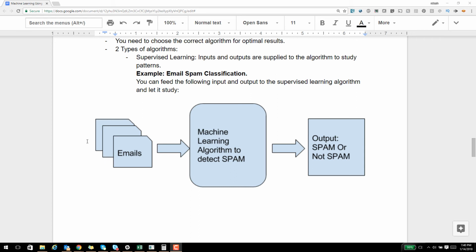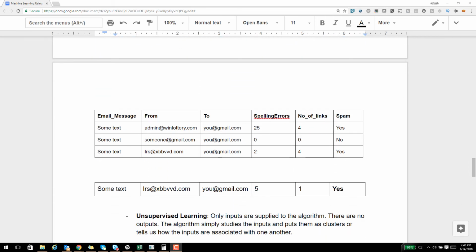You can feed the following input, that is emails, into the supervised learning algorithm and let it study. So let us say this is your input. This is where the overall trick of domain knowledge and using correct input data comes into play. Your input is just a simple text message, an email message.